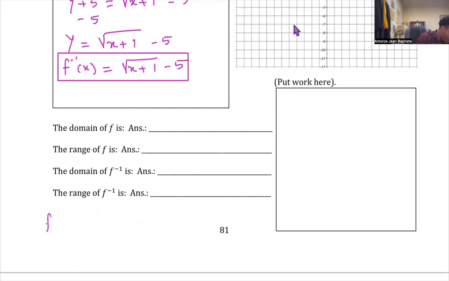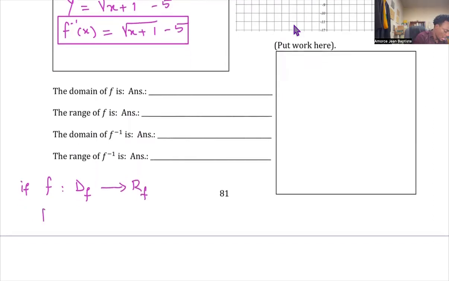So if f is a function from domain of f to the range of f, f inverse will be from range of f to domain of f.